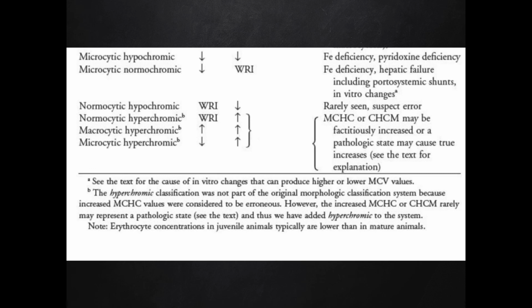This phenomenon is rarely seen. In normocytic hyperchromic, macrocytic hyperchromic, and microcytic hyperchromic, the MCHC may be factitiously increased, or a pathologic state may cause true increases of this.